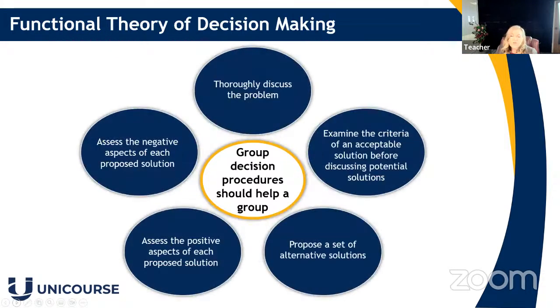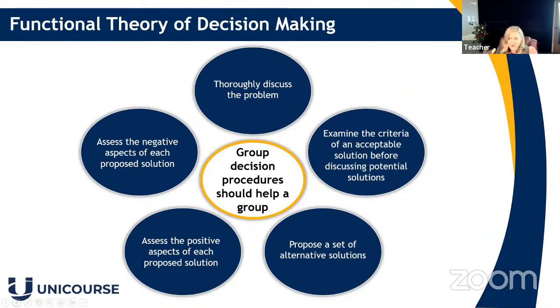There's another area of decision making that looks at group decisions and their procedures and how that can help. I've listed some of the key points here of the functional theory of decision making. It's good because the problem can be thoroughly discussed to really understand the root cause.